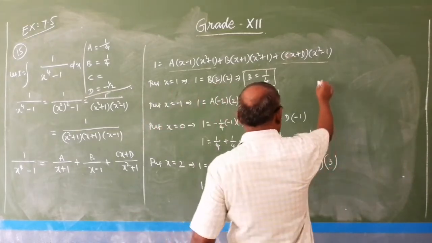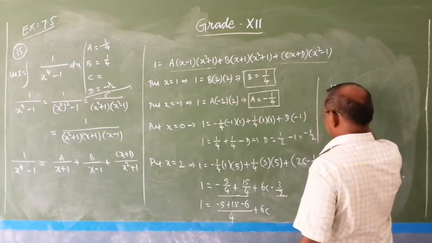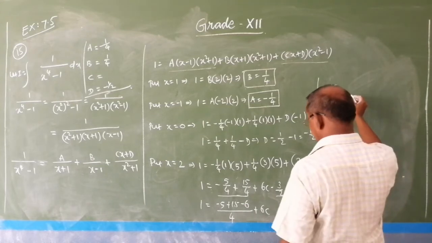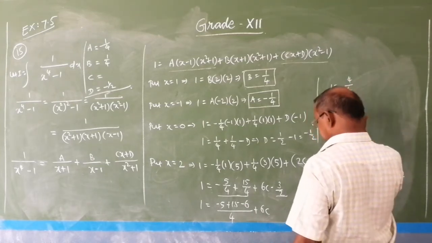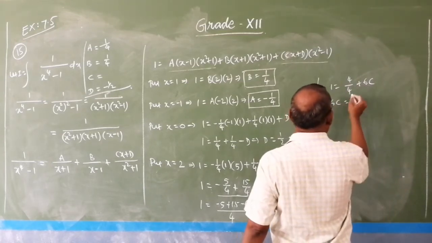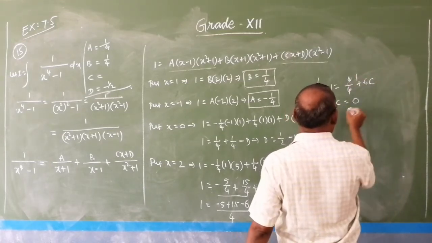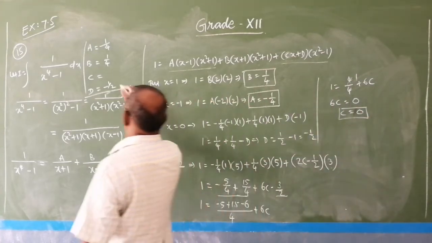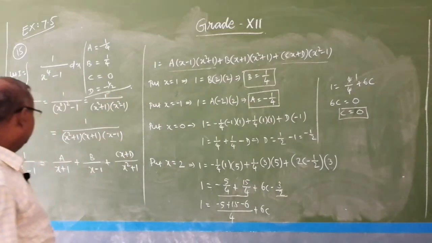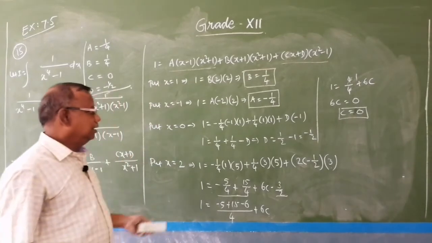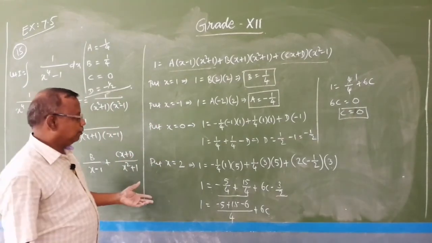Now 1 equal to minus 11 plus 15 means plus 4 by 4 plus 6c equal to, this is 1 minus 1, 0, so c equal to 0.